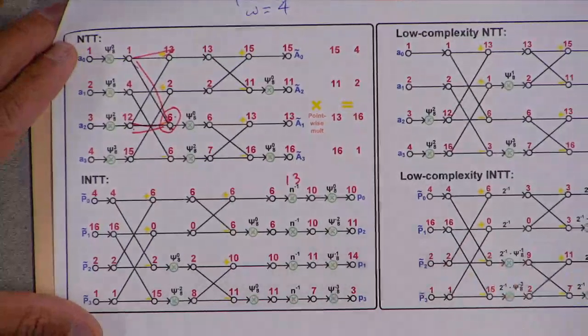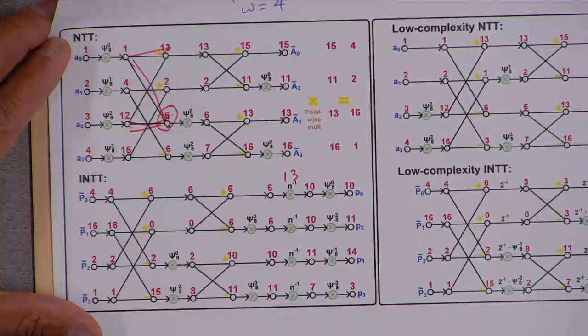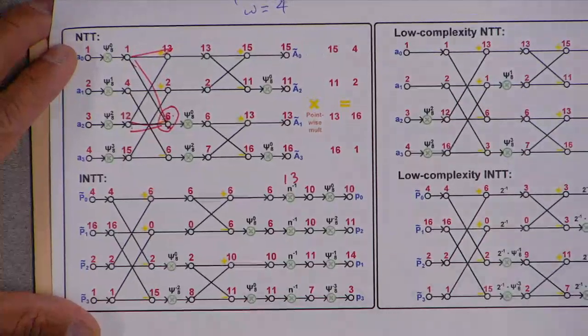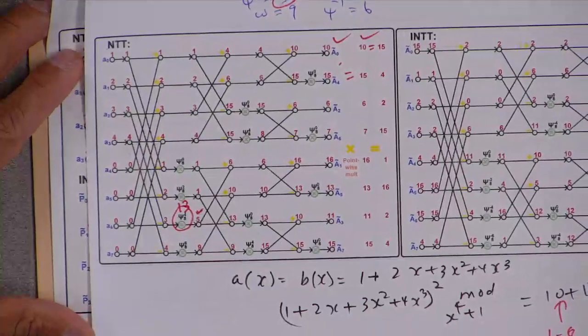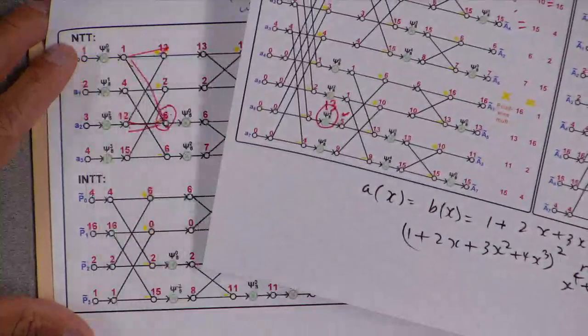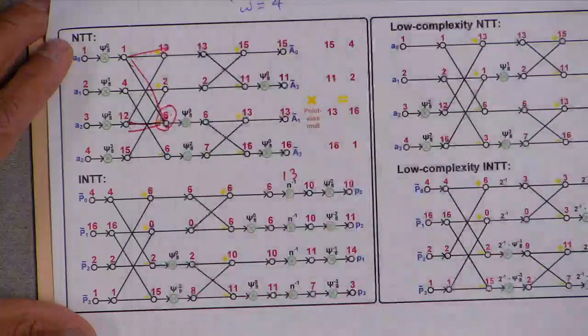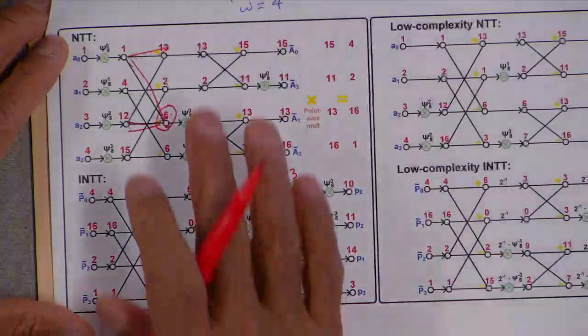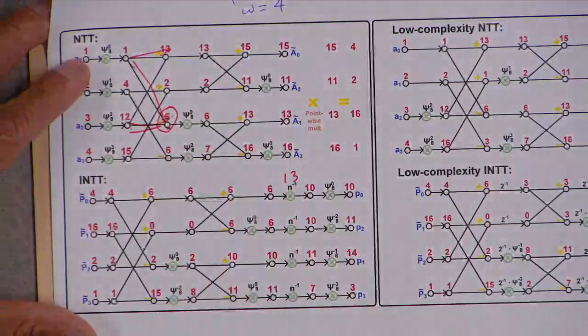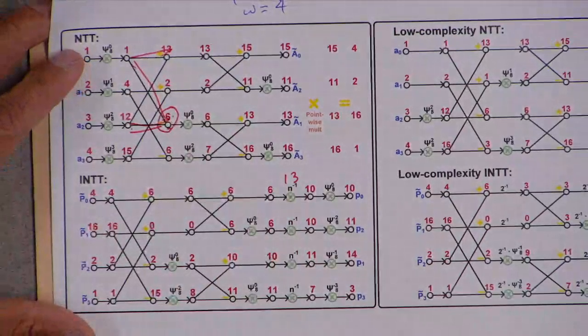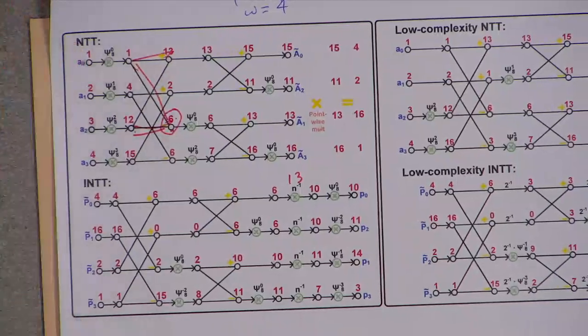Okay, so that's the last piece of the puzzle. So we started with the straightforward approach, append zeros, and then we went through the negative wrapped convolution, and then how do we reduce the complexity of the negative wrapped convolution by eliminating these multiplications. So that is our last piece of the puzzle, and how can we achieve that?